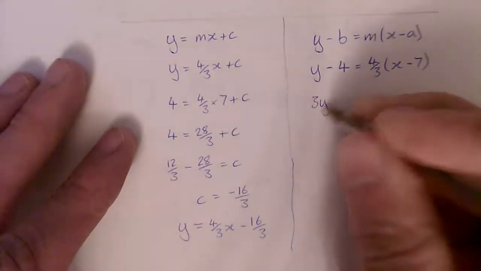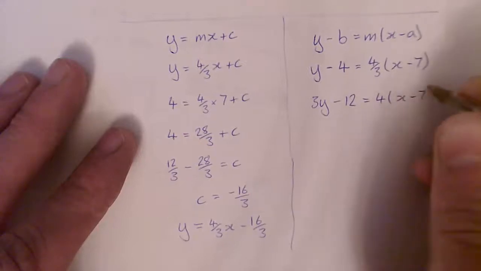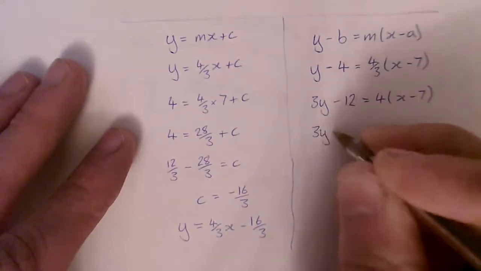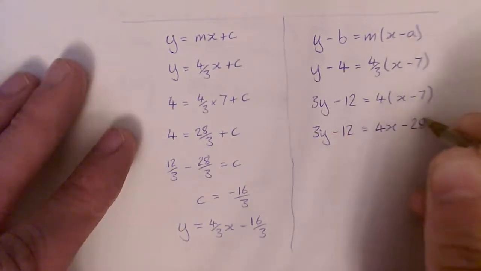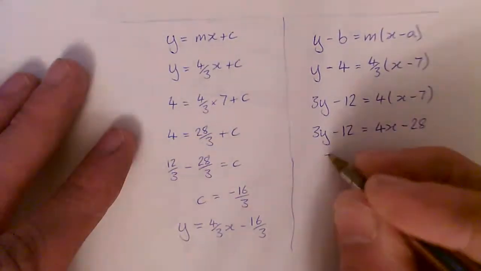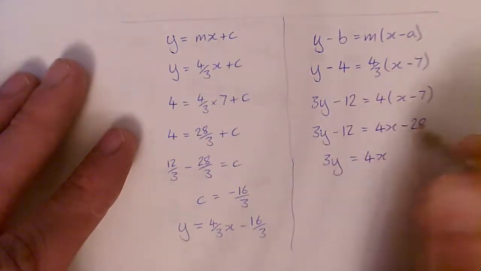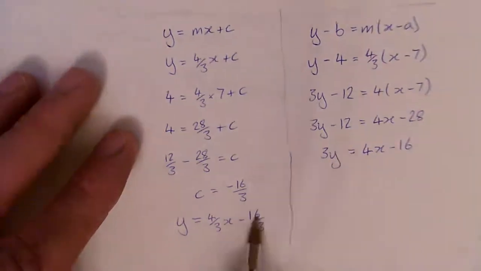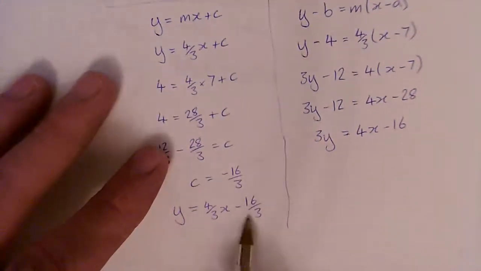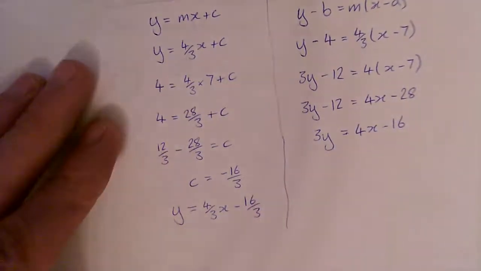So we get 3y minus 12 equals 4 lots of x minus 7. 3y minus 12 equals 4x minus 28. So 3y equals 4x minus 28 plus 12, which is minus 16. And you can see these two are the same line, just this one's divided through by the 3 and this one isn't. So same line equation, just depends which version you end up with.